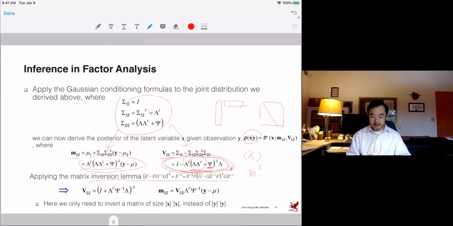But once you apply it to these two equations, you get a new expression of the conditional mean and the conditional covariance, which is like this.